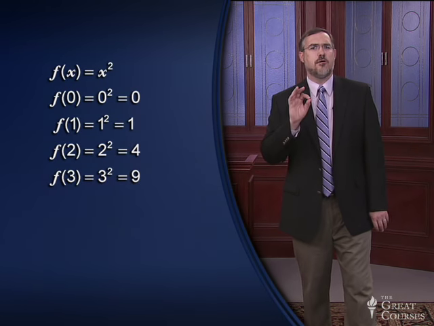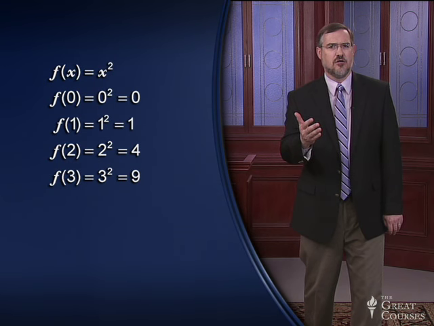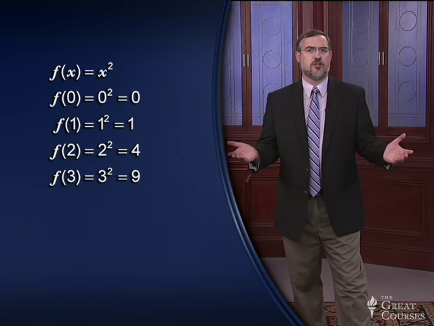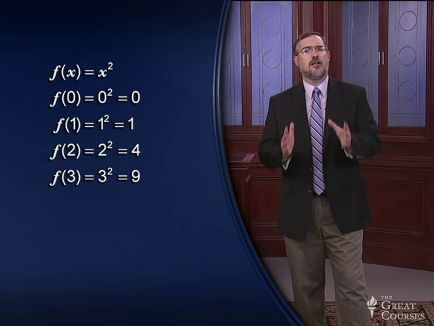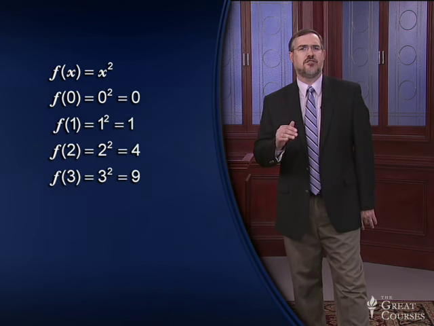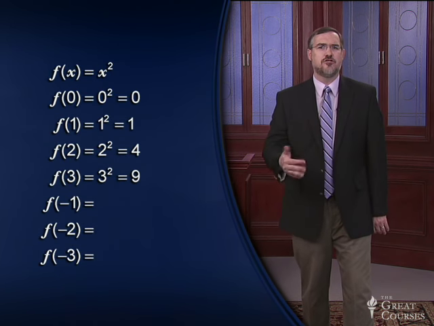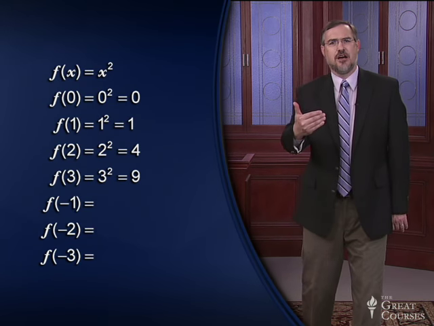But remember the domain of this function. We talked about domains a few lessons ago. The domain of this function is all real numbers. I can plug in any real number that I want, and in particular, I can plug in some negative numbers as well. So now I'd like to try plugging in things like -1, -2, and -3, and let's see what we get as the output values there.